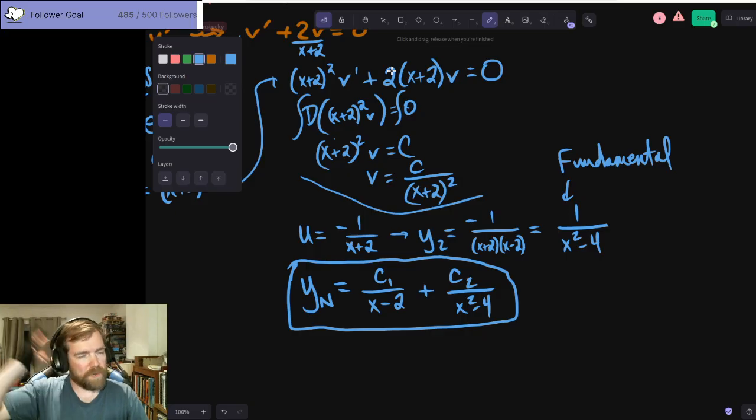Alright, so this is similarly going to work for any differential equation that we can knock down into a first-order linear differential equation in our u prime variable.